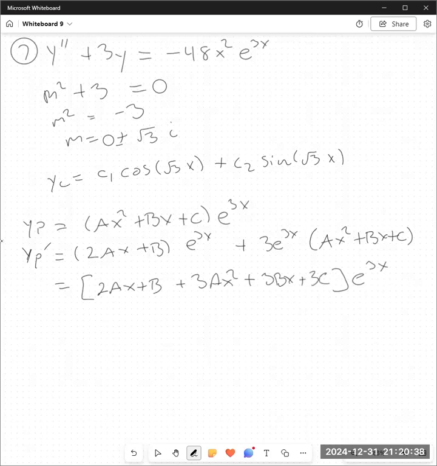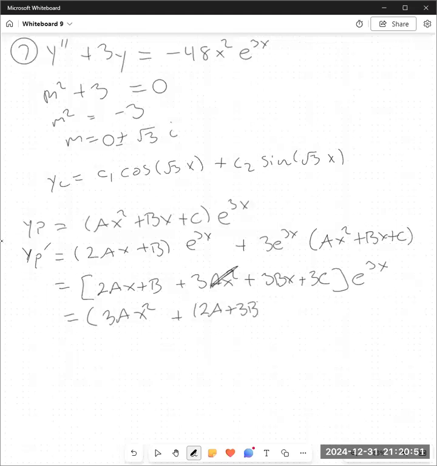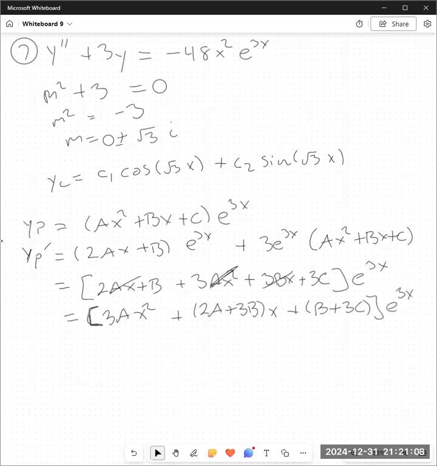So let's write that now in descending order of exponents. So I have 3ax squared plus 2a plus 3b x plus b plus 3c, and that is e to the 3x on the outside there.